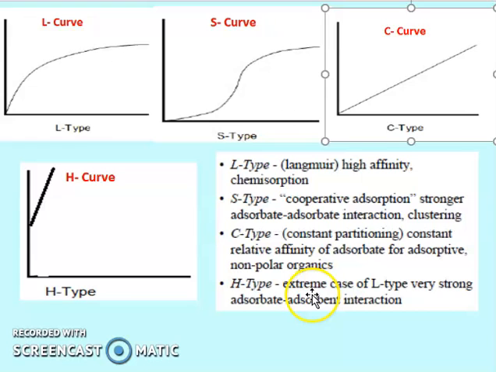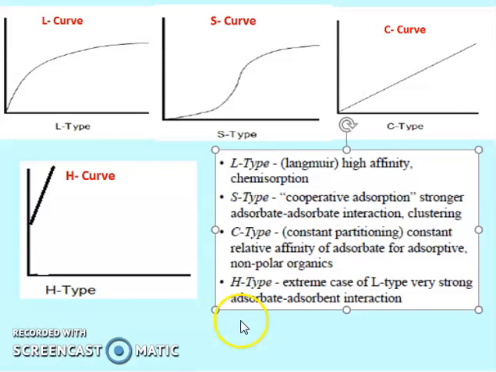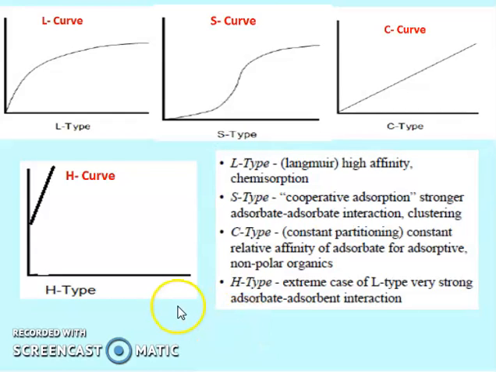The C shape means constant partitioning, a constant relative affinity of the adsorbent for the adsorbate, usually a non-polar compound. It means that the concentration of adsorbate has no effect on the ability of the adsorbent for adsorption. A constant partitioning, or a constant affinity.